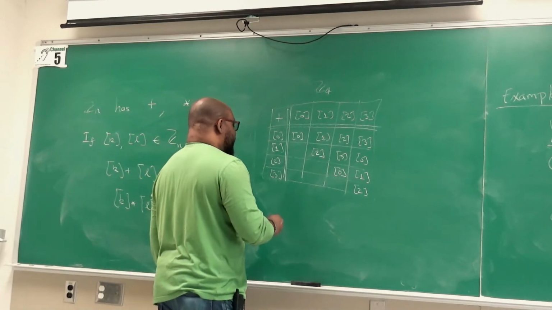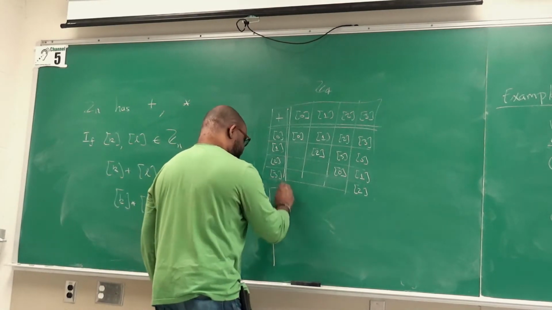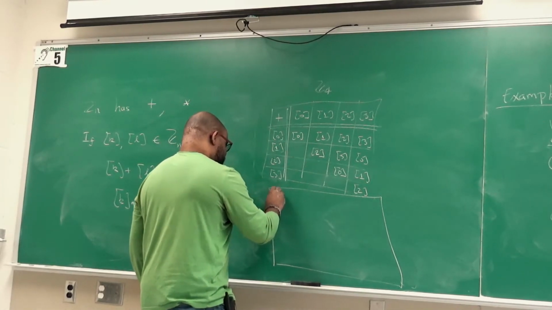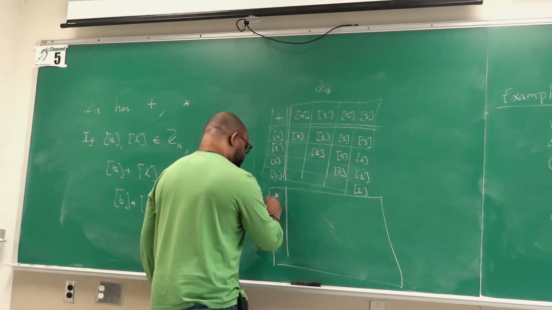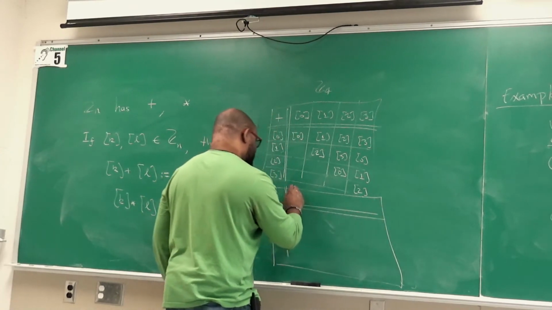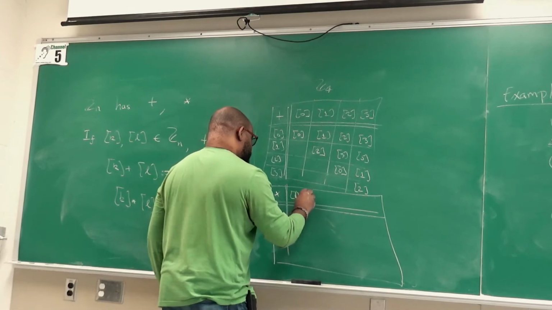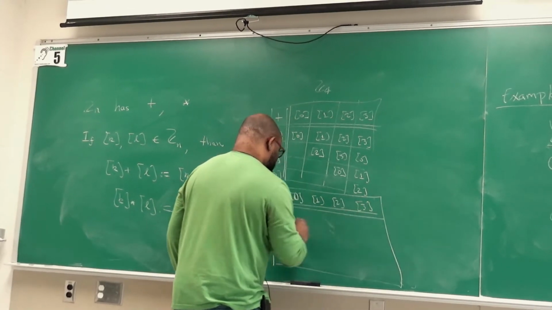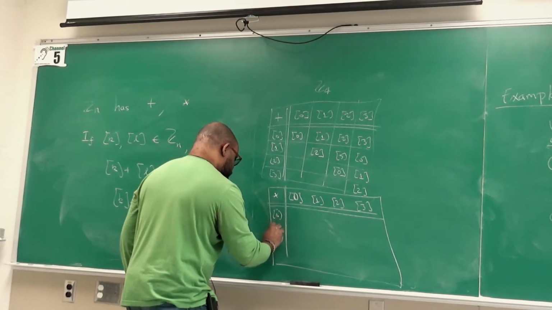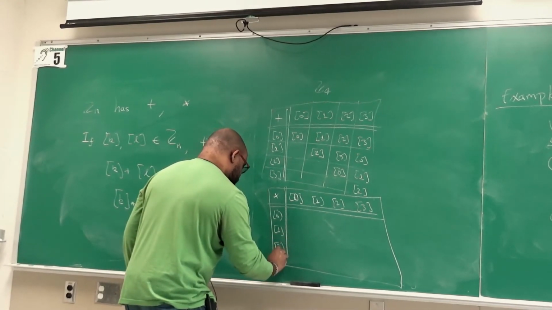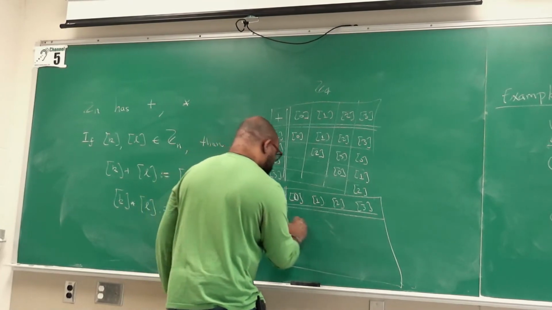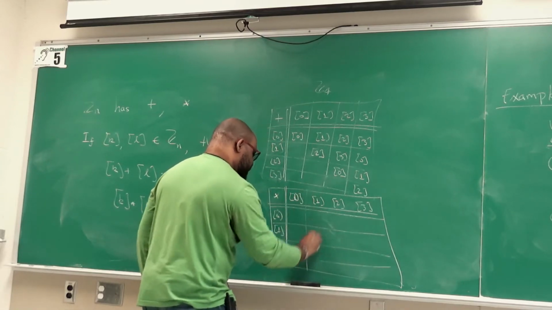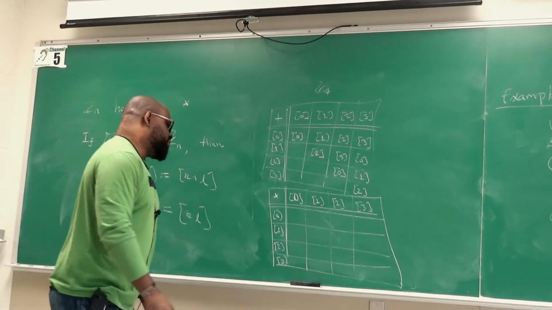And then let's do the multiplication table. Times. It's the same thing. 0, 1, 2, and 3. 0, 1, 2, and 3. Again, things are commutative, so the table is going to be symmetric.